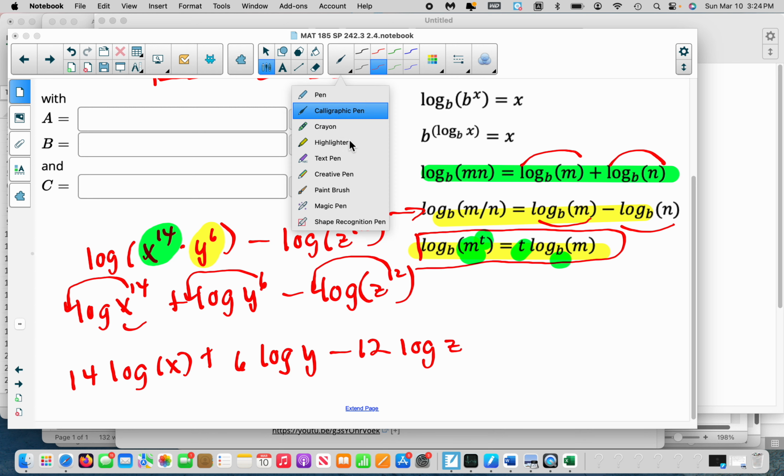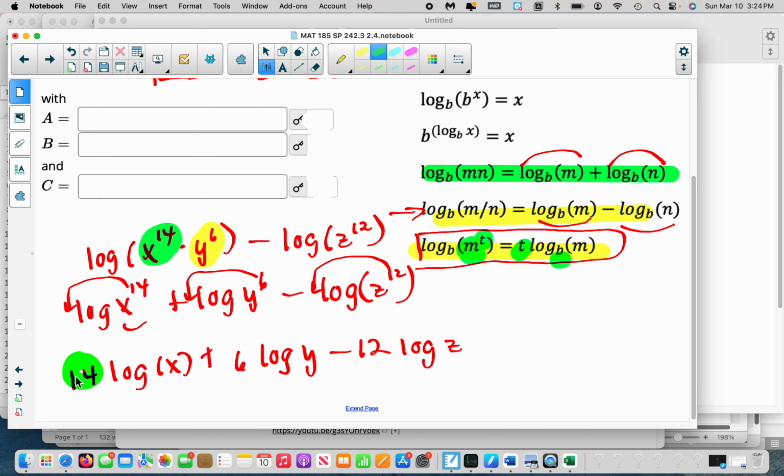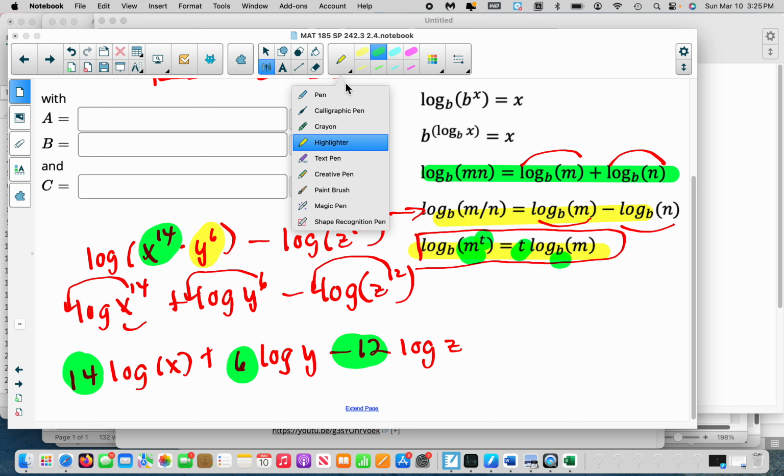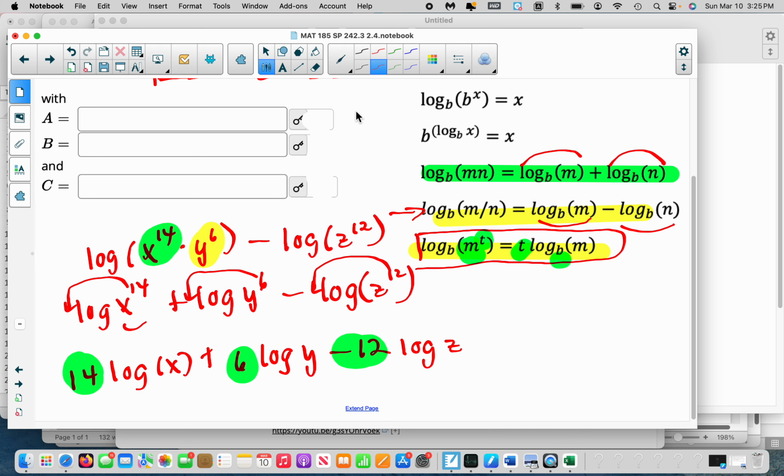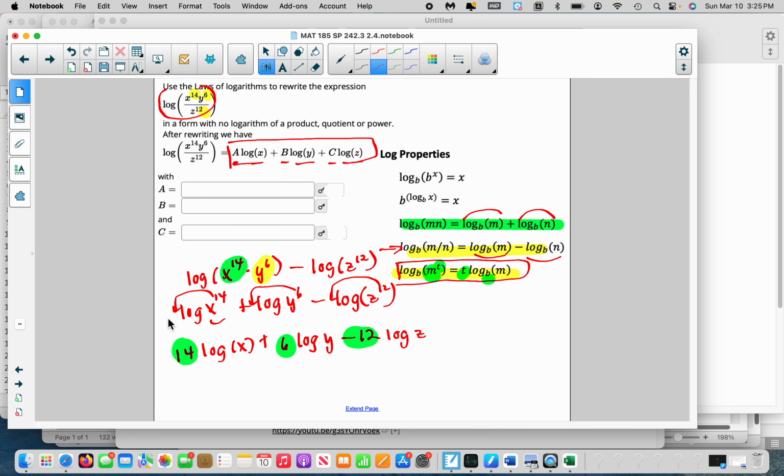And so now we can see each of those has a coefficient: 14 times log of x, 6 times log of y, minus 12 times log of z. That's exactly in the form that we want. You can see above. So here's my log. So a is 14, b is 6, c is negative 12.